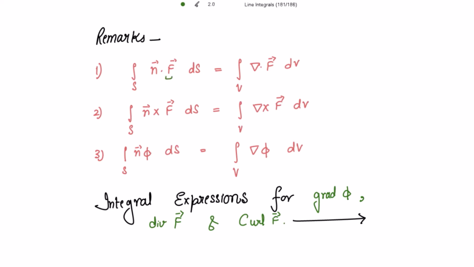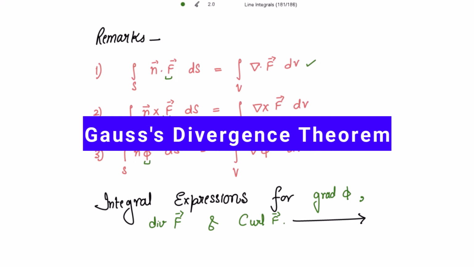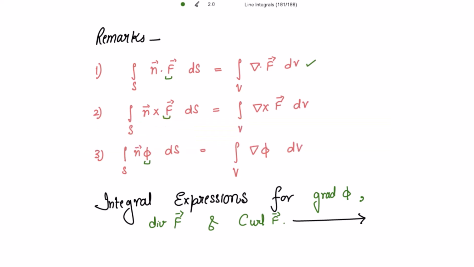Then the surface integral of cross product of n vector with f vector is equal to the volume integral of the curl of this f vector. Then the surface integral of the product of n vector with phi is equal to the volume integral of the gradient of this phi, right? And this first result is nothing but your Gauss's divergence theorem. This is a result for the Gauss's divergence theorem.